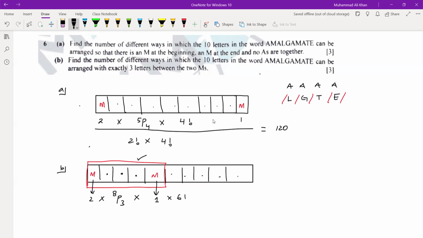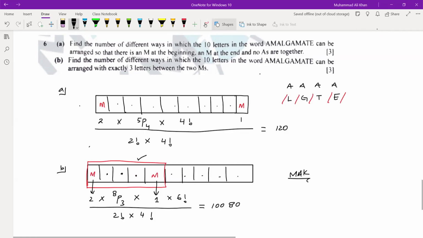Multiply by 6 factorial divided by 2 factorial for 2 M's, 4 factorial for 4 A's. And according to this, the final answer is 10080.